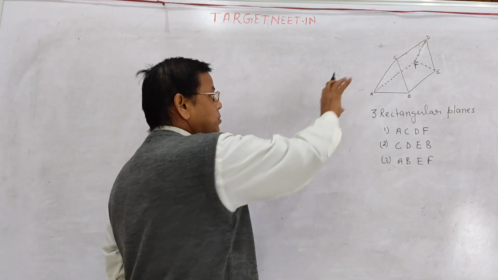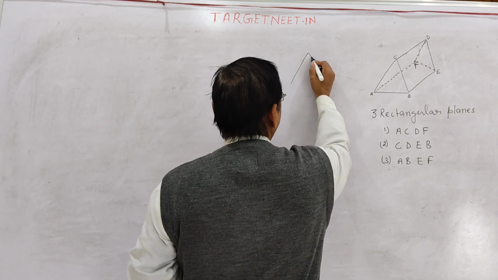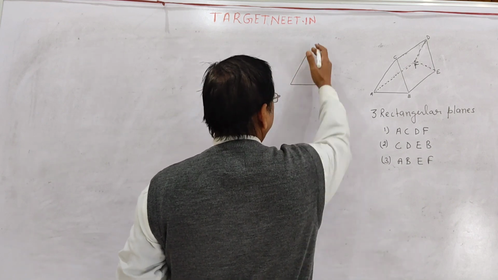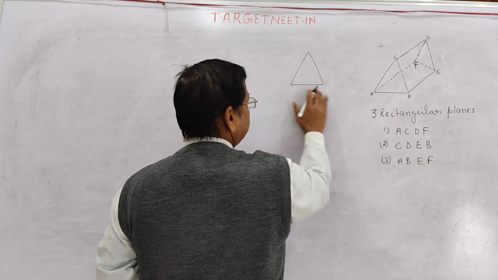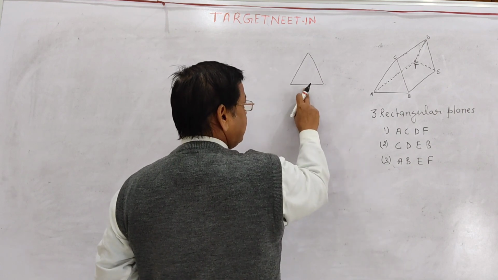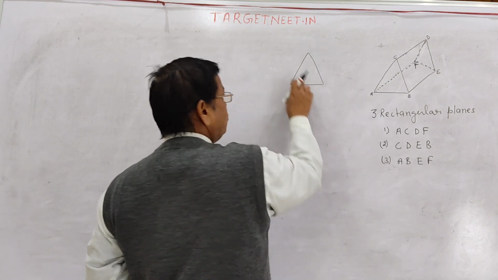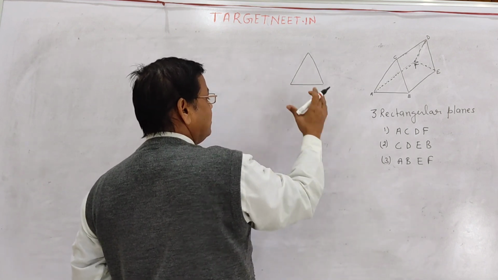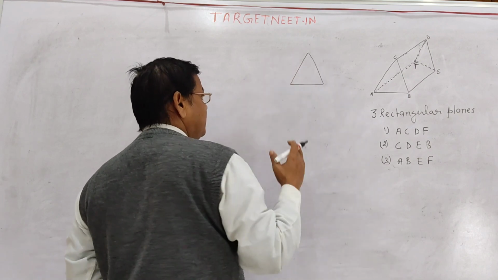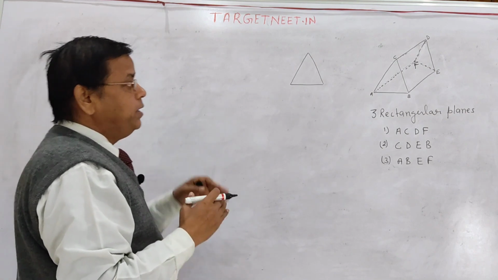Now if I see it from this side, it looks like this. One face is this, other face is this, and base is this. So these are the two refracting surfaces, and this is the base. You may take this as base, then these two will be refracting surfaces. So you can say there are three surfaces in the prism. Any two surfaces can be taken as refracting surfaces, and the third face is taken as the base.